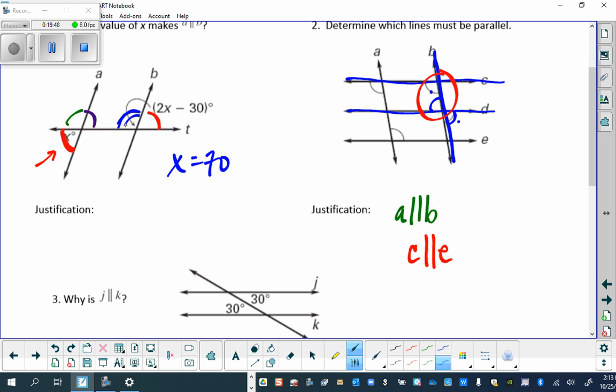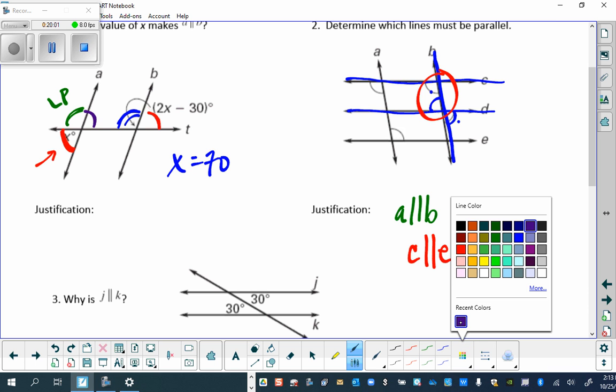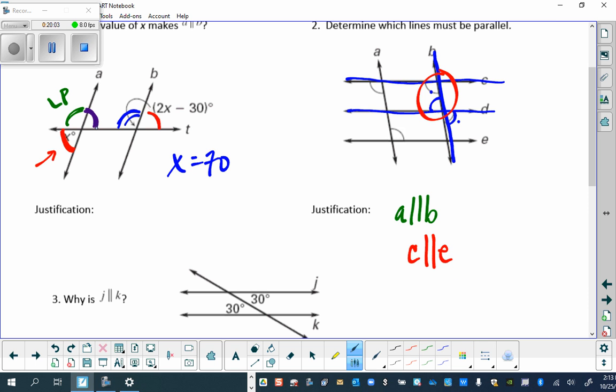If I chose to go green with a linear pair to x, then I would need to do corresponding to 2x minus 30. If I chose to go purple and go vertical angle, then purple and blue have to be consecutive same side interior angles, and they'd be supplementary.